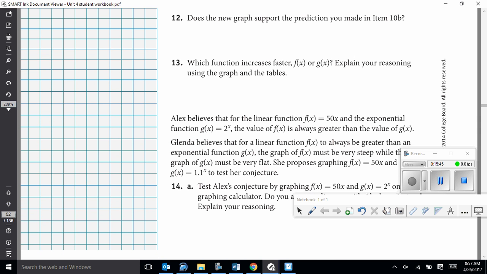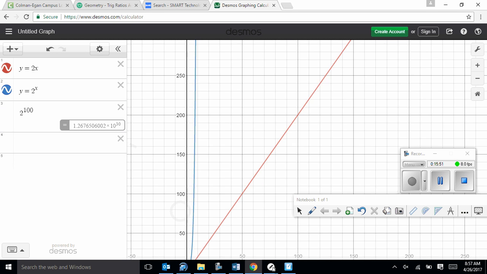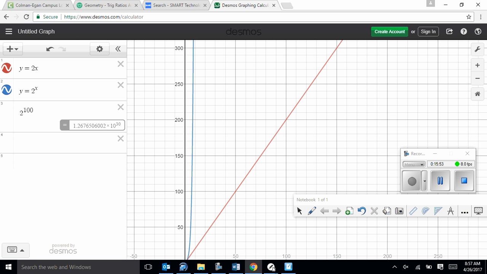Which graph increases faster, f of x or g of x? So looking at Desmos, which one increases faster? G of x or f of x? G. This one, the blue one, is increasing faster, right? It's getting higher y values much quicker.